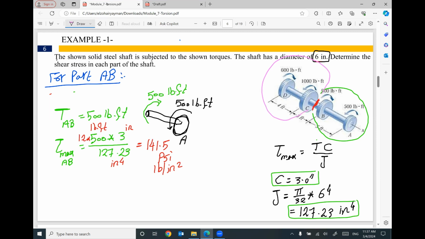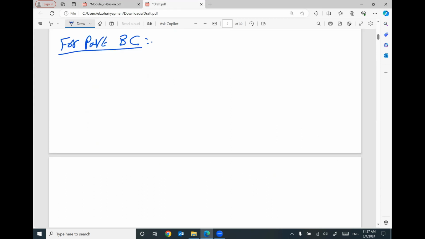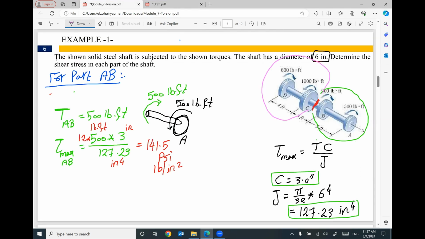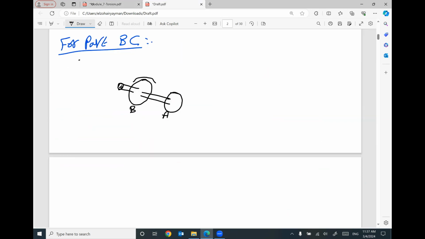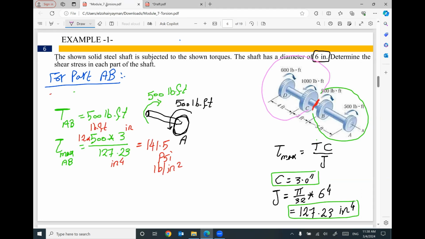Both of them will give you the same answer. So I'm going to use the right part. So the right part, I did cut here. I have a big circle and another big circle. This is A, this is B, and I did cut here. Does that make sense? We have applied torque here 900, and I have applied torque here 500.